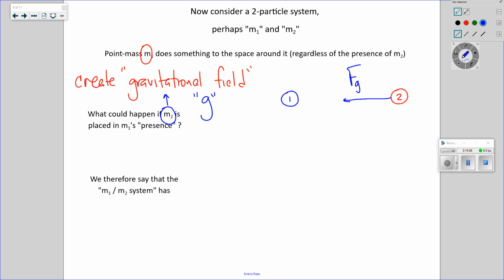This I'm going to call the gravitational force exerted on 2 by 1. Really, on mass 2 by mass 1's gravitational field. Well, guess what? Mass 2 also creates a gravitational field. And what does that field do? That field exerts a gravitational force on mass 1. I'm going to draw that like this. Here's the gravitational force exerted on mass 1 by mass 2.